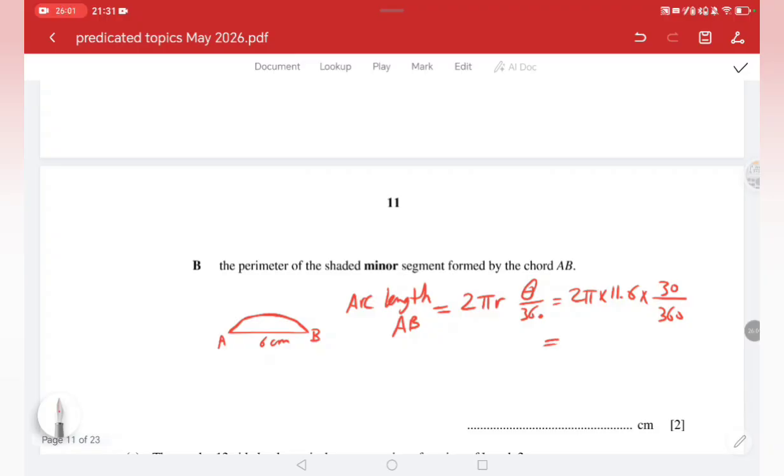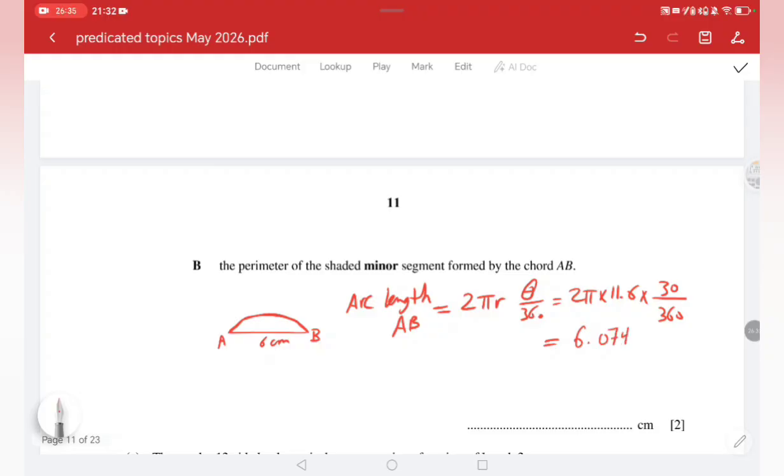Using the calculator, 2 pi times 11.6 times 30 over 360, it's 6.074.